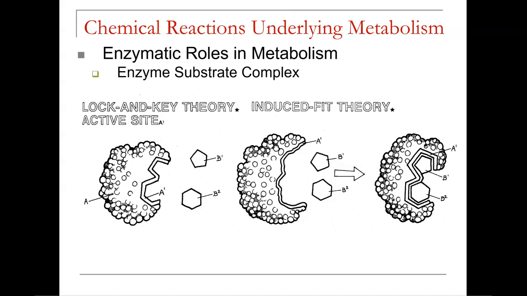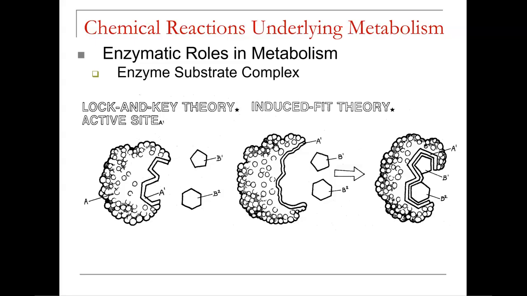You have one that's called a lock and key theory or a lock and key model. This is going to describe a rigid enzyme that has an active site that is going to bind to specific shapes. So if the shape is off at all, it will not bind. It fails to take into account protein conformation changes to accommodate a substrate molecule, so it has to fit perfectly in.